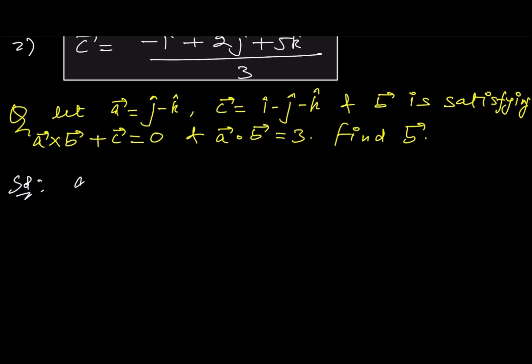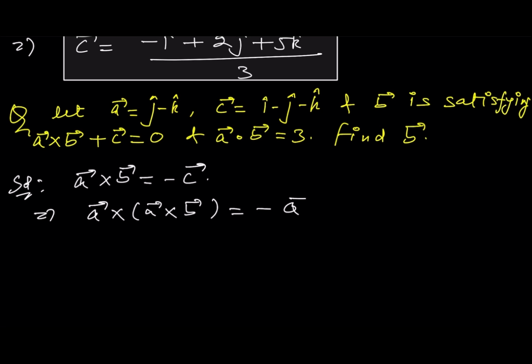So this is a cross p is equal to minus c. How can we make a dot p? By taking cross with vector a. So a cross (a cross p) is equal to minus a cross c.